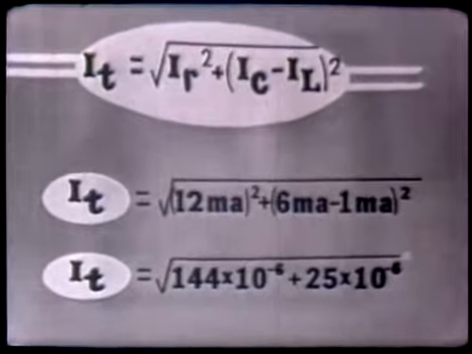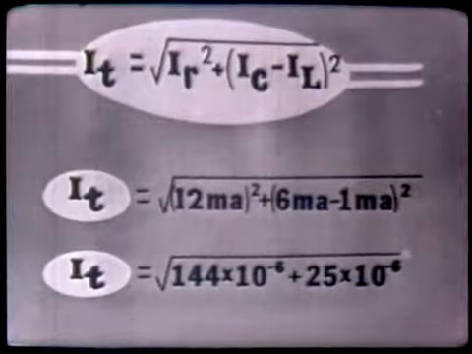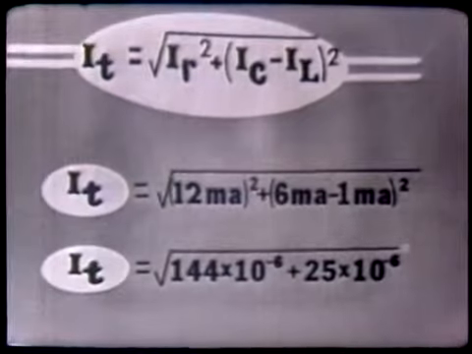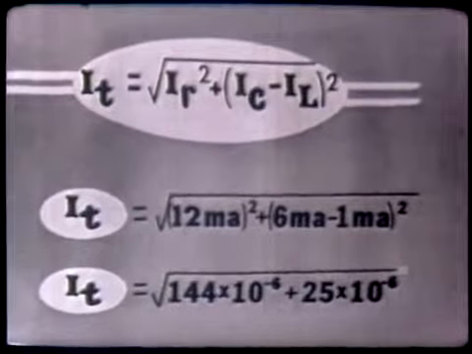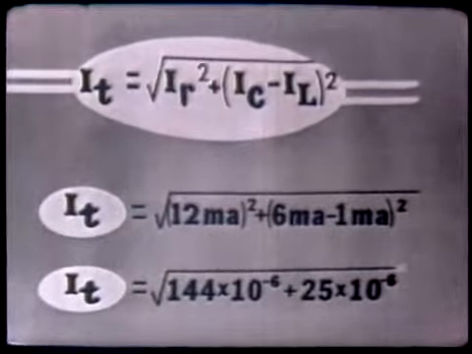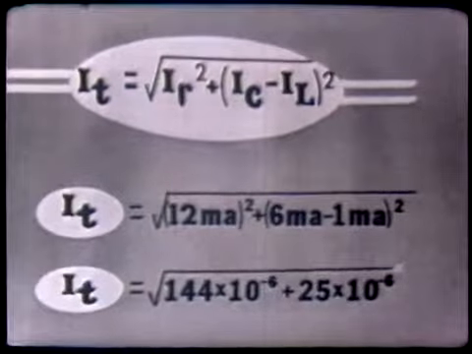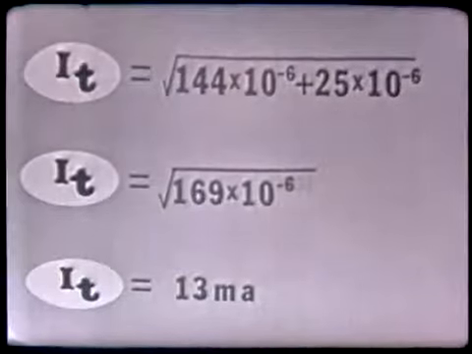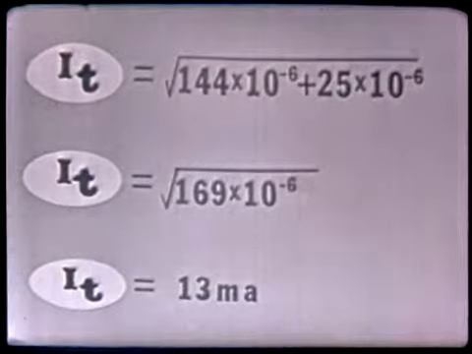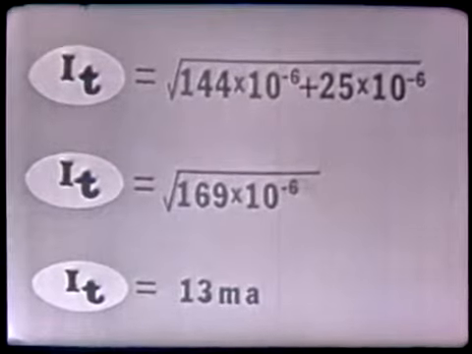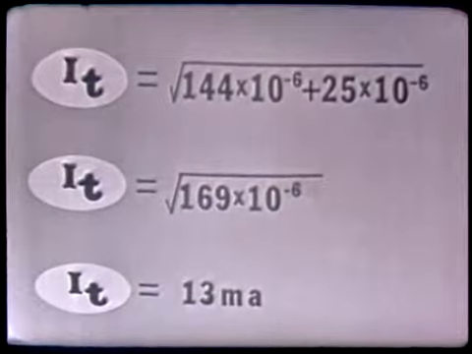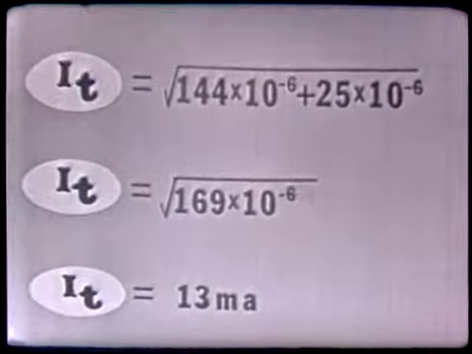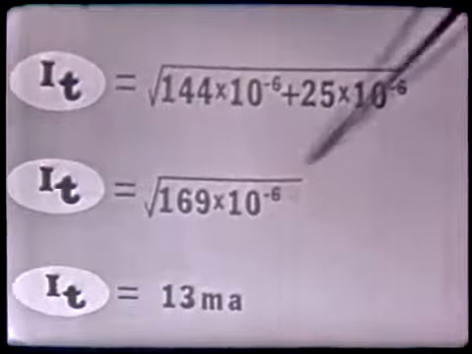Performing the indicated operation, 12 milliamperes squared is 144 times 10 to the negative 6. 6 minus 1 is 5. 5 squared would be 25, again times 10 to the minus 6, maintaining our exponent. Adding them, 144 plus 25 would be 169 times 10 to the minus 6. Remember, when we add, our exponents remain the same.